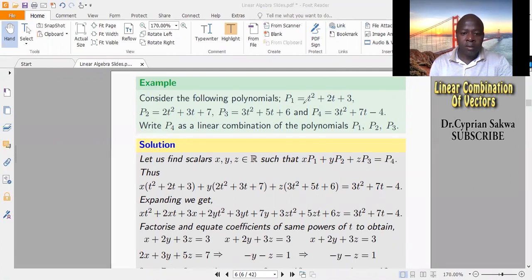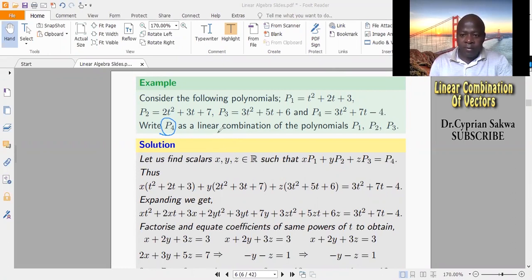So the question is, we have this polynomial and these other three polynomials, P2, P3, and P4. Is P4 a linear combination of P1, P2, and P3? If it is, then write it as a linear combination of P1, P2, and P3.